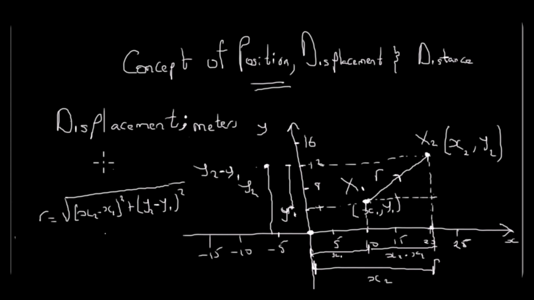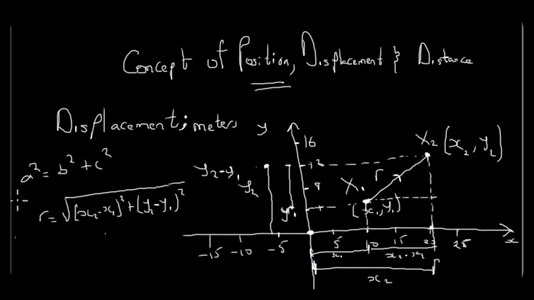This is gotten from Pythagoras theorem that states that a squared must be simply equal to b squared plus c squared. Our b now is simply x2 minus x1, and then our c, y2 minus y1.